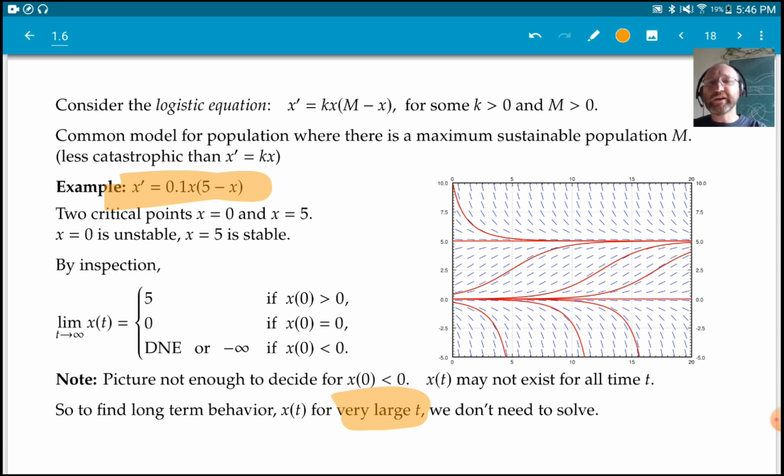We don't need to actually find an exact formula for x and then take the limit in that exact formula. That would be much, much harder. It's much easier to just look at this picture and you immediately know what's going on.